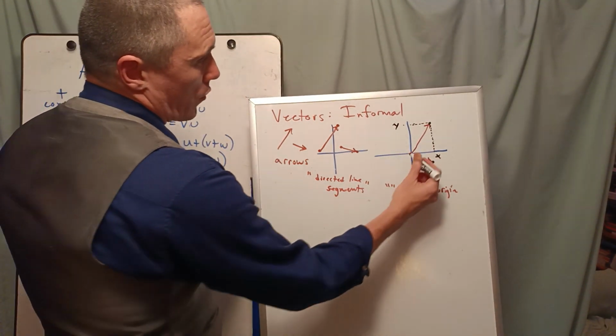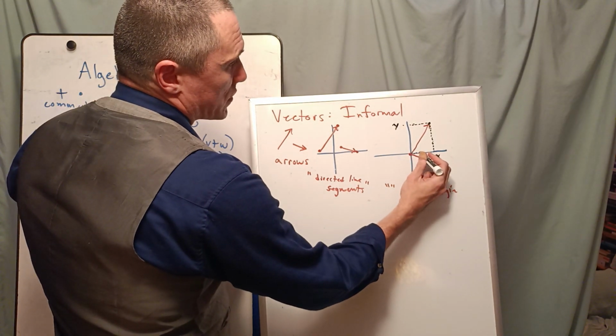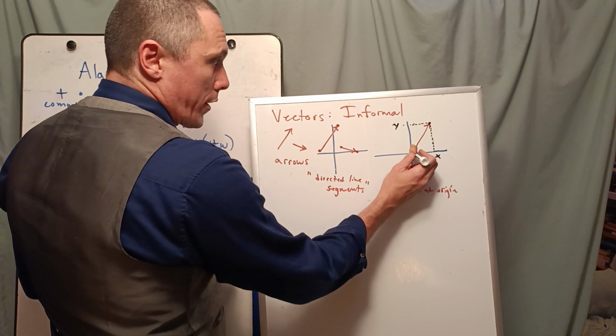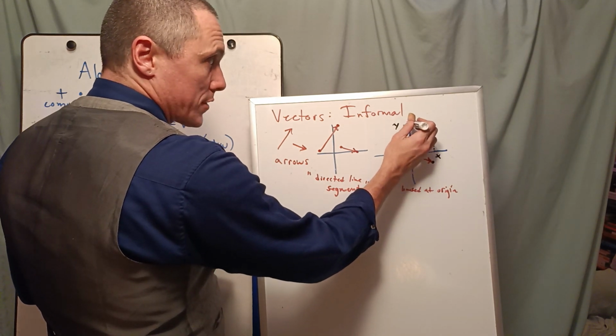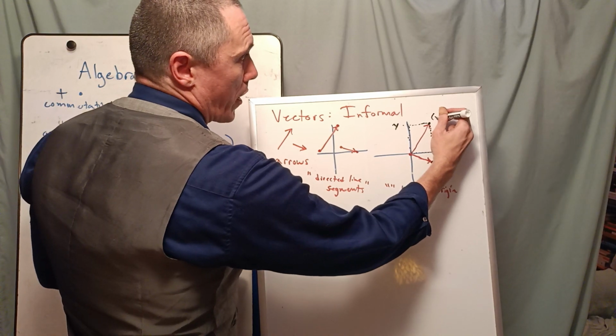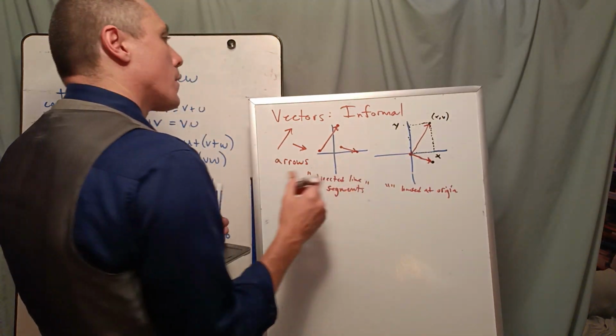Notice that we could either walk x units along the x-axis and then up by y units, or we could walk y units up the y-axis and then over x units, it would still get us to this endpoint x, y.